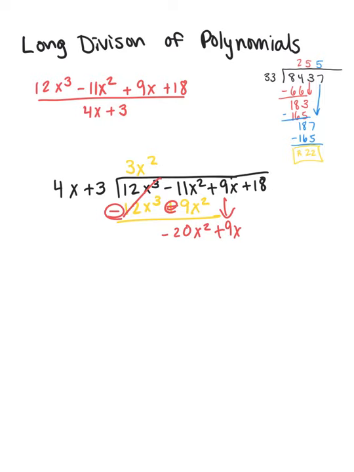Well, I know I'm going to need a negative. 4 times 5 is 20, and x times x gives me x squared, so I need to multiply negative 5x. Negative 5x times 4x gives me a negative 20x squared. Negative 5 times 3 gives me a negative 15x.